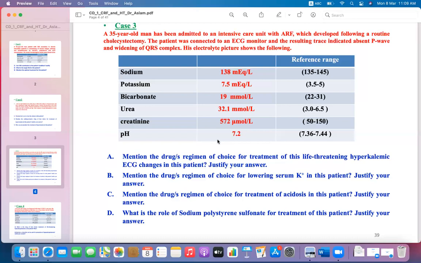So here the main remarkable diagnosis is hyperkalemia and the increase in urea. So it is, we can say, acidosis.